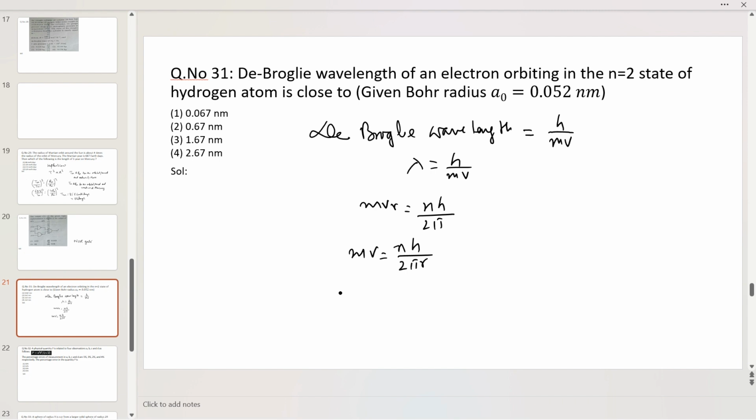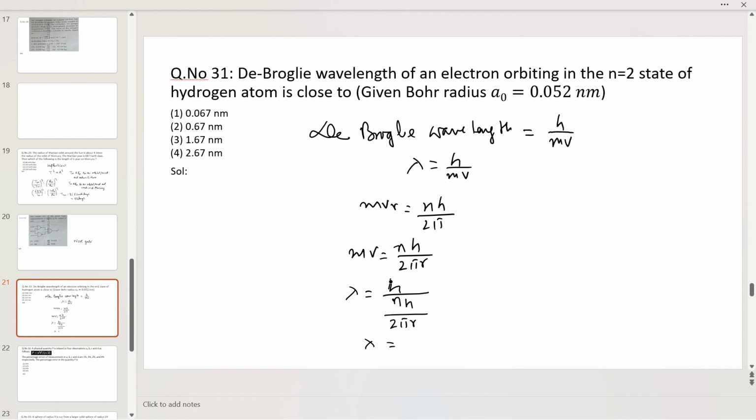Now we place the value of mv here, so lambda will be equal to h divided by nh by 2 pi r.